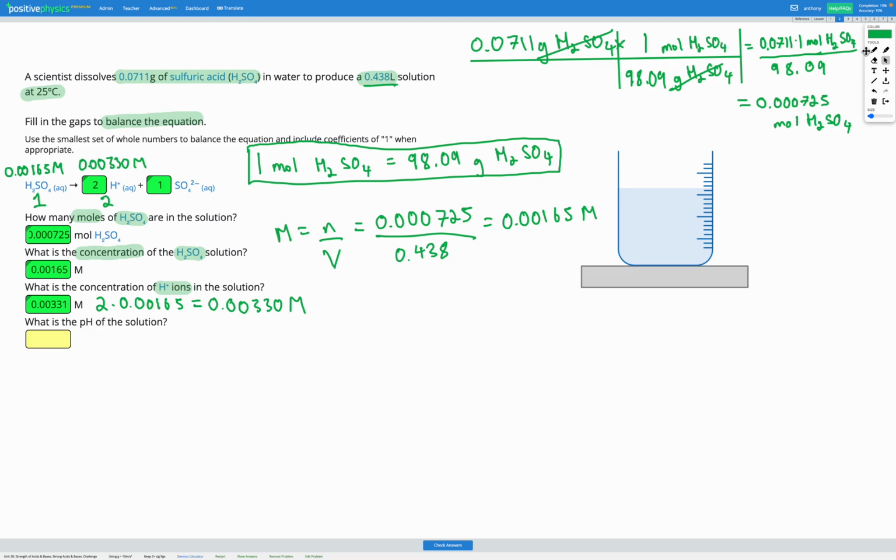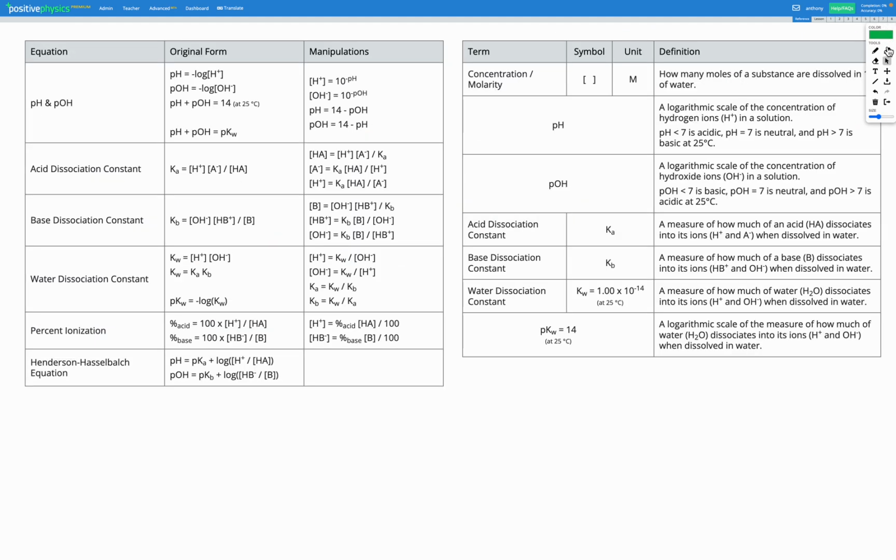Awesome. Okay. Finally, to find the pH of the solution, we're going to be using our pH equation. Back on the acids and bases page of the reference sheet, we have our pH equation. pH is equal to negative log the concentration of H+.